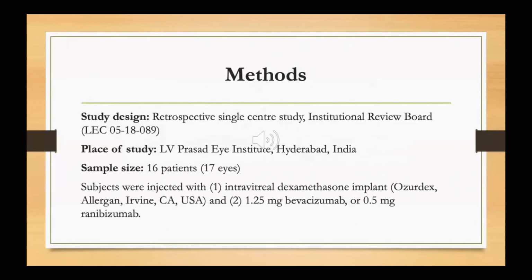This study was conducted at LV Prasad Eye Institute, Hyderabad, and this was a retrospective study. 17 eyes of 16 patients were enrolled. All subjects were injected with intravitreal dexamethasone implant and either 1.25 milligram bevacizumab or 0.5 milligram ranibizumab.